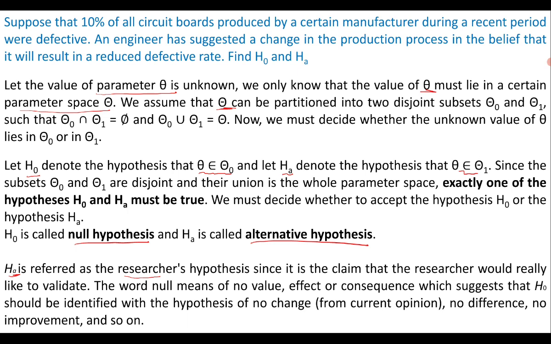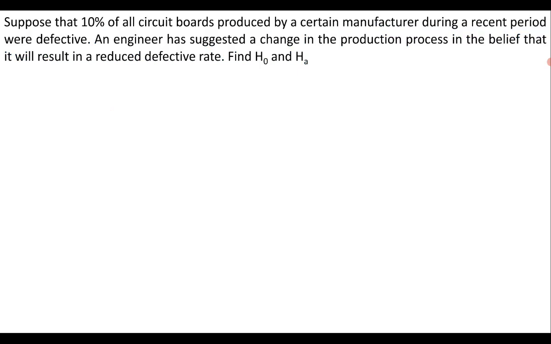H naught is what you already have, and HA is what you want to validate. Remember, when you talk of H naught and HA, it revolves around the unknown parameter theta, so you need to define it in terms of the parameter.